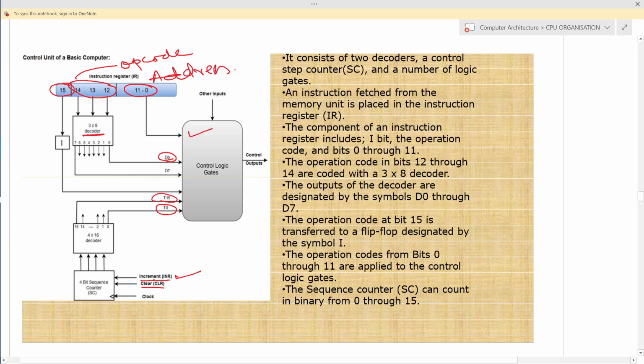This way, the control logic receives input from the step decoder and instruction decoder for a particular instruction, let's say D7, and it generates the timing signals like T0, T1, T2 for that instruction, and depending upon other external inputs and condition codes, it generates the appropriate control signals.